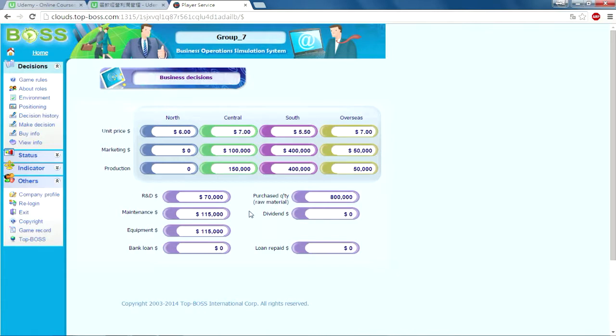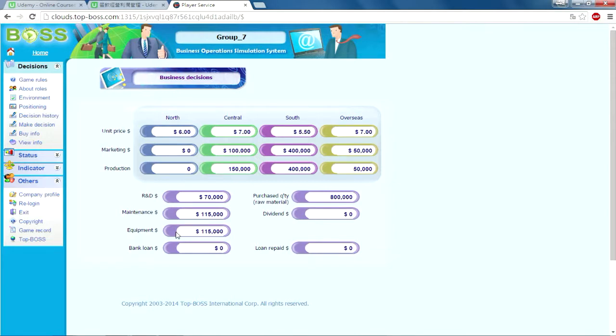Okay, and you can make your own decision about the investment level, the maintenance level, but this part is very important. Equipment. Do you remember that each one of you will suffer from 2.5% production depreciation? That means if you don't expand the second plant or third plant, the quantity you can provide to the market will be lower and lower after each quarter.